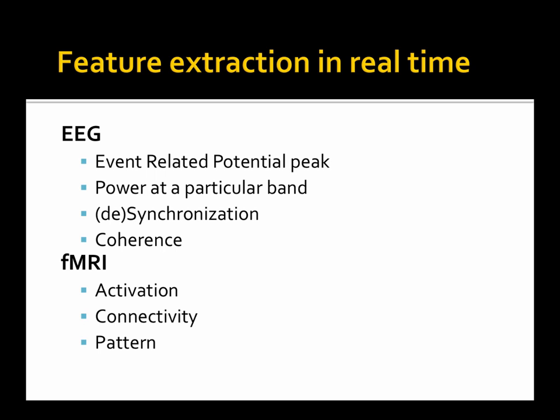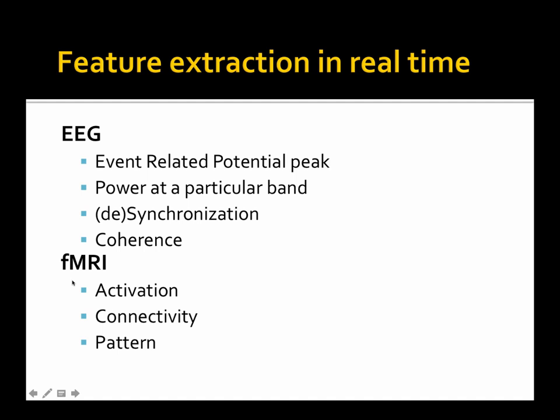The features in EEG, as I mentioned, could be one of the peaks in the ERP, could be the power spectra at a particular band, how the power in one band changes, like how much synchronized or desynchronized it gets, and that, for example, is relevant to motion. It could look at the coherence between different electrodes, or the ratio between power bands in different electrodes and things like that.